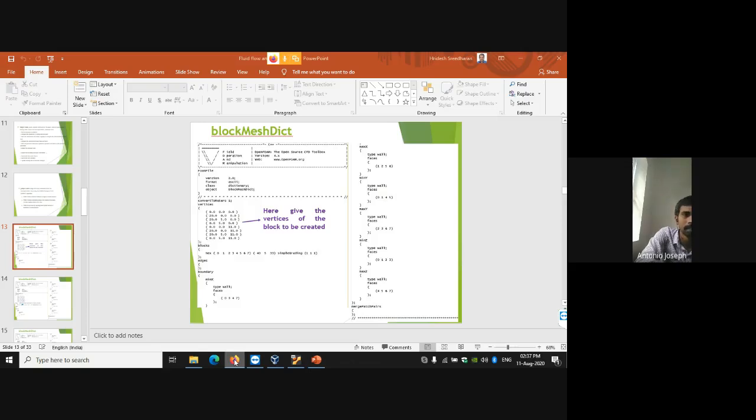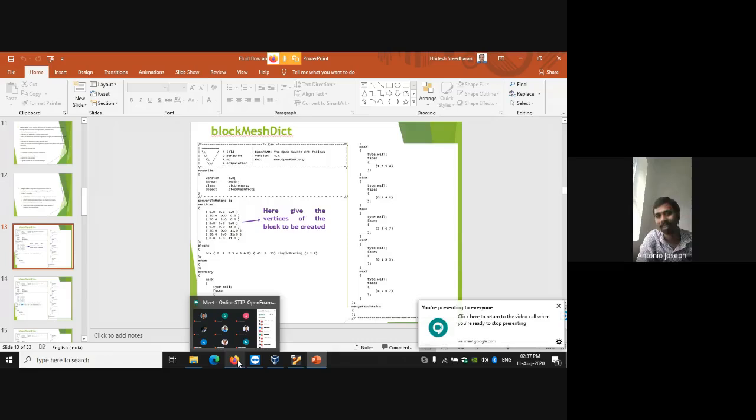And I will be sharing the PDF file also, because that's a book on just the boundary conditions. There are a lot of boundary conditions that we can give. I think that book has more than 100 pages.